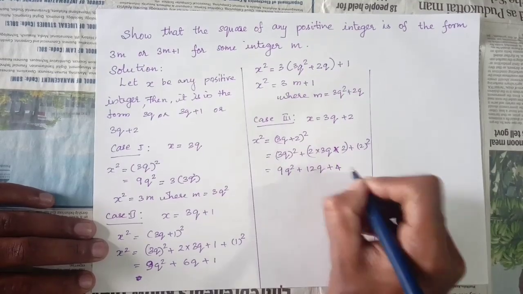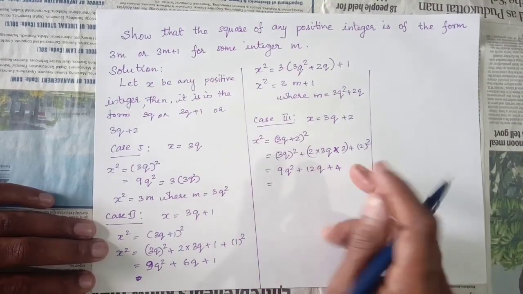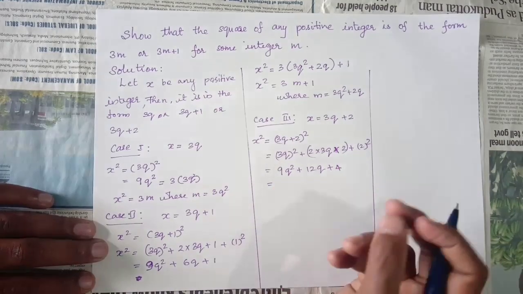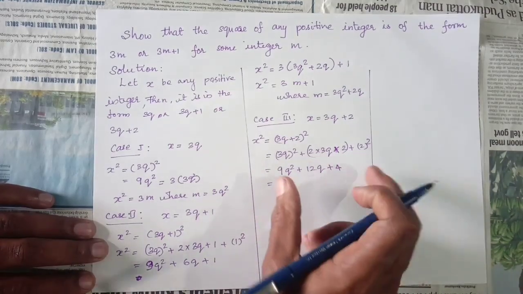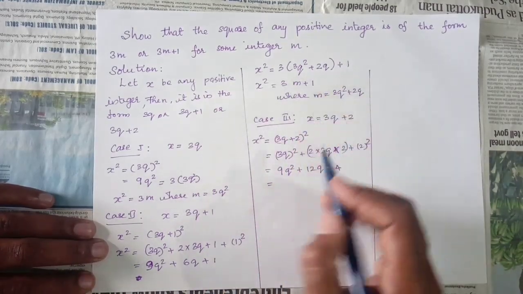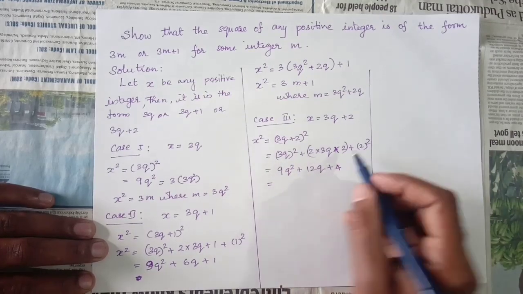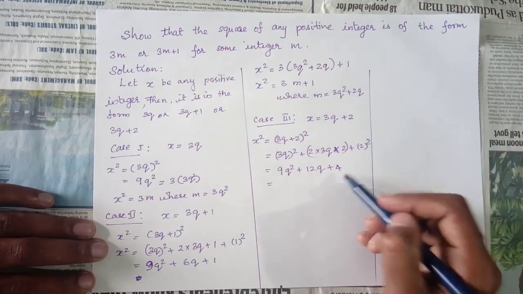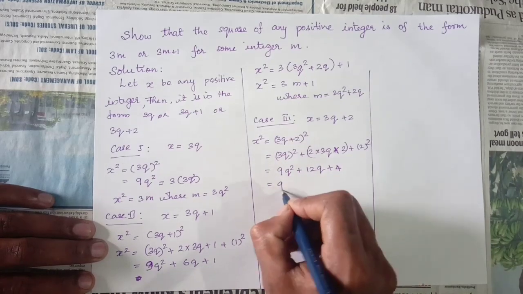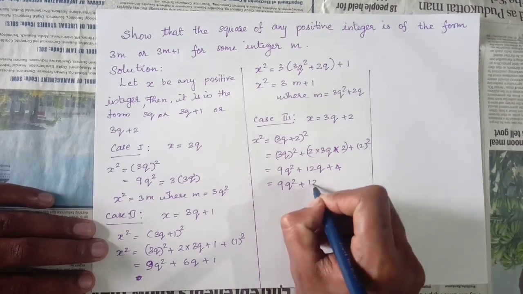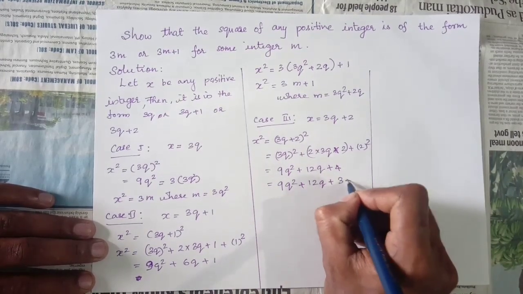This 4 we have to split, so that we get a 3 from it and can take 3 common outside, to bring this format. Why are we splitting? To bring this format, we split 4 as 3 plus 1: 9q square plus 12q plus 3 plus 1.